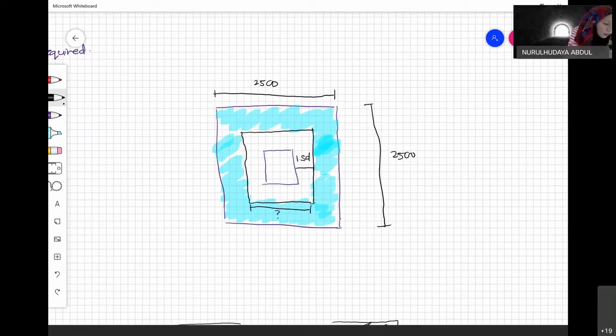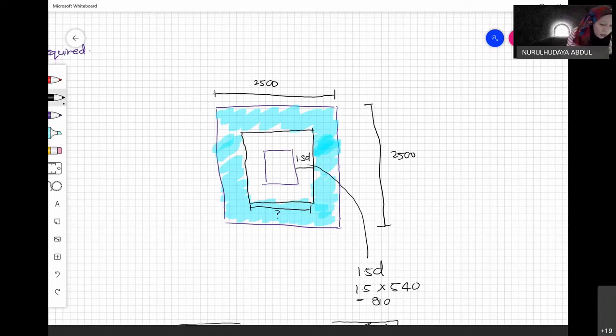Okay. So 1.5D, D adalah 540. Okay. So kalau you kira 1.5 darab 540, kita akan dapat 810 mm.